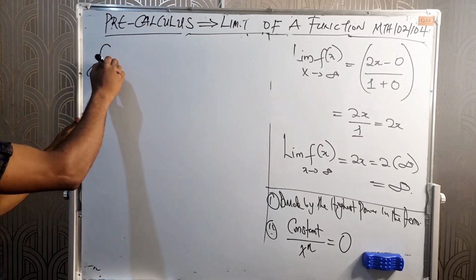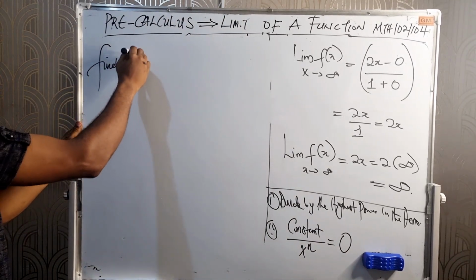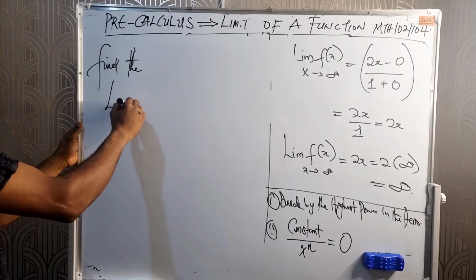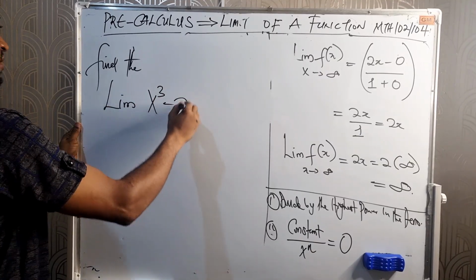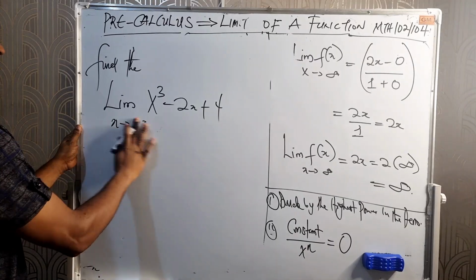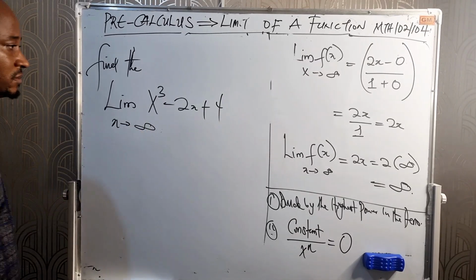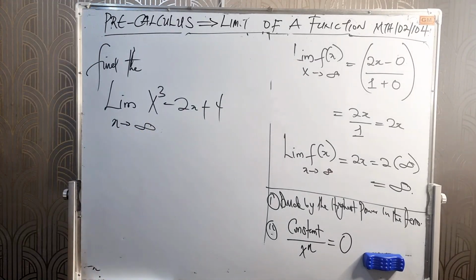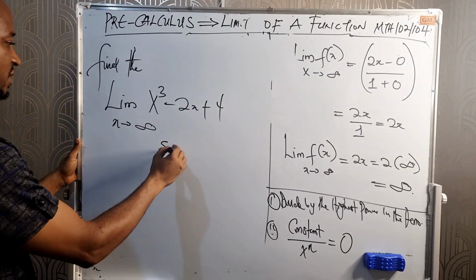If you have to find the limit of x cubed minus 2x plus 4 as x approaches infinity, how do we solve this? Solution is this.